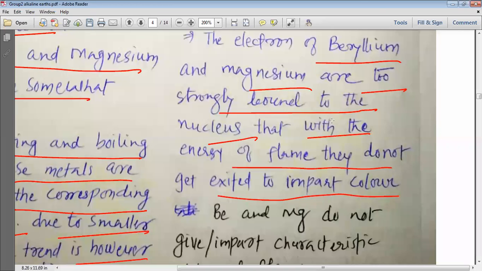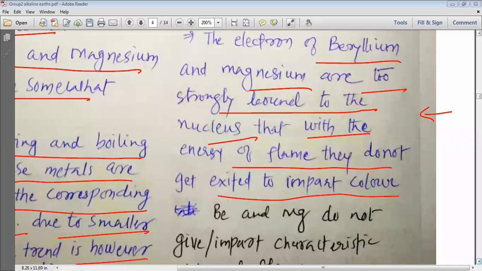Even the electrons are bonded strongly, and just by the energy of the flame, they do not get excited, and that is why they do not impart color characteristics.